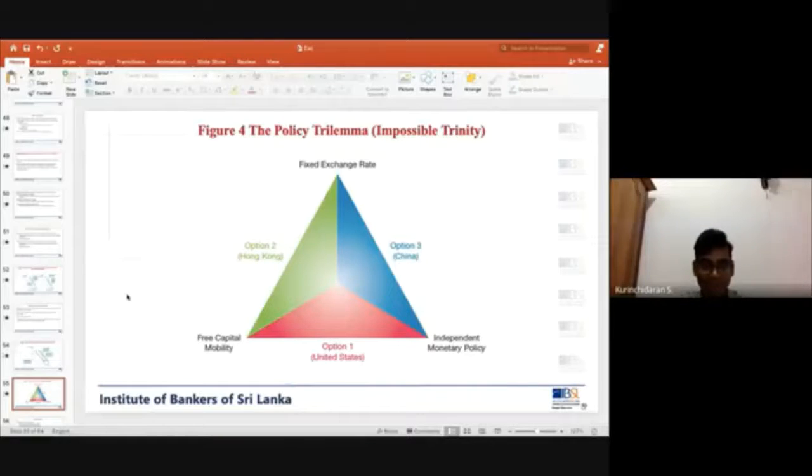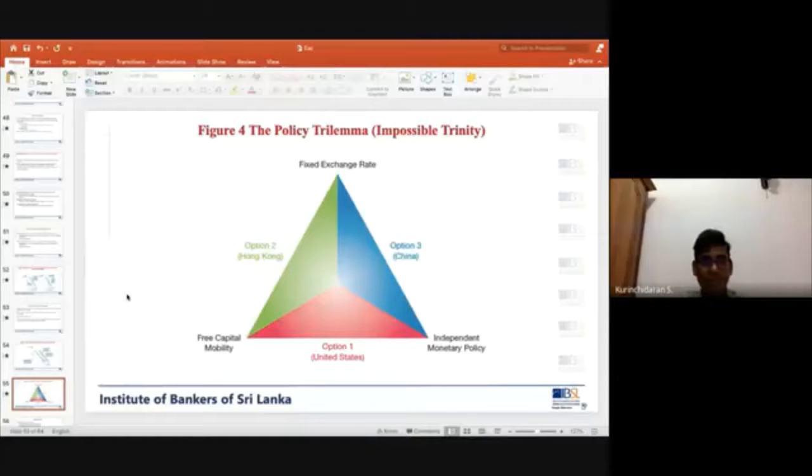They have independent monetary policy and free capital mobility, so between the US and the rest of the world you can have capital movement. But they cannot have a fixed exchange rate. It's always fluctuating.